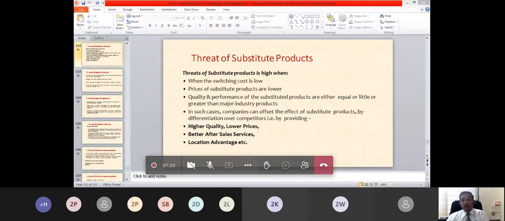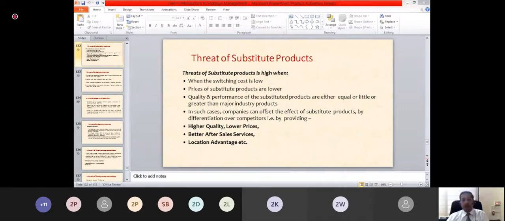Then quality and performance of substitute products are either equal or a little greater than major industry products. If the similar products have equal quality or performance, then customers can switch from one brand to another brand easily.